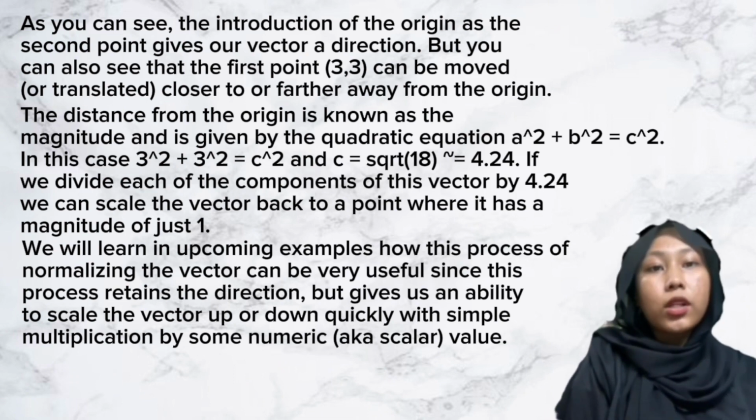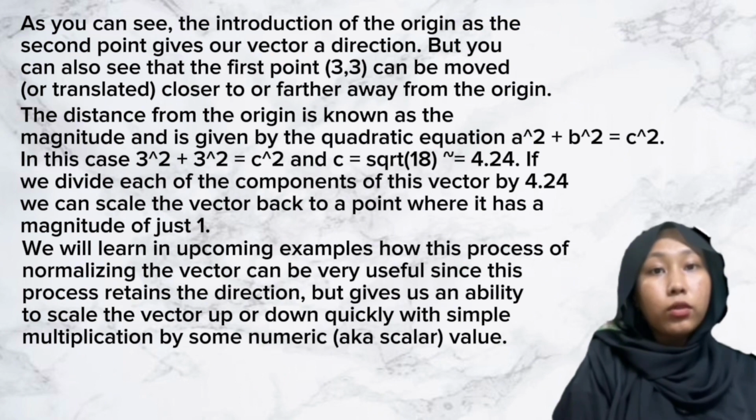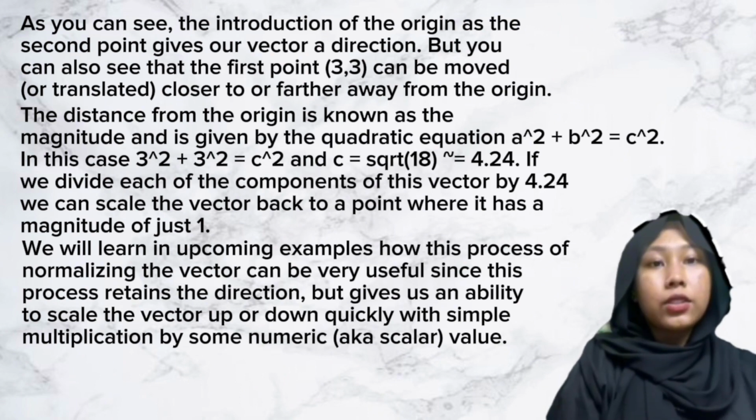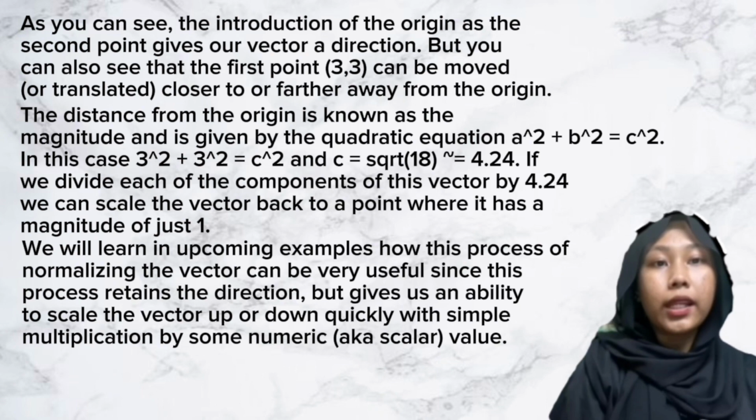The distance from the origin is known as the magnitude and is given by the Pythagorean equation a to the power of 2 plus b to the power of 2 equals c to the power of 2. In this case, 3 power of 2 plus 3 power of 2 equals c power of 2, and c equals square root of 18 equals 4.24.